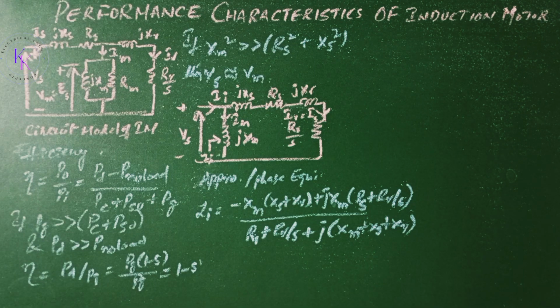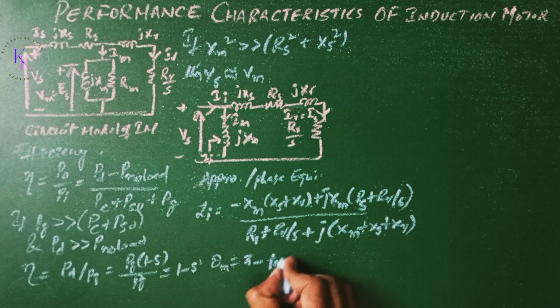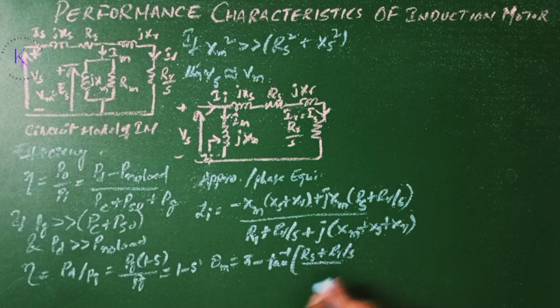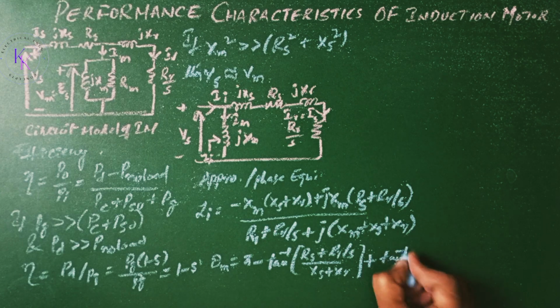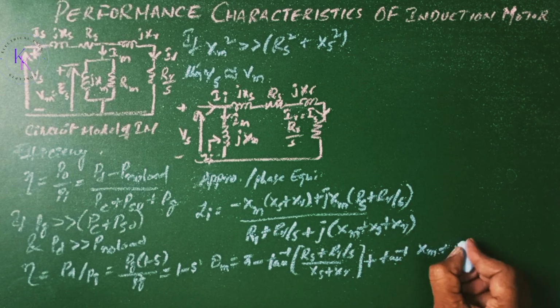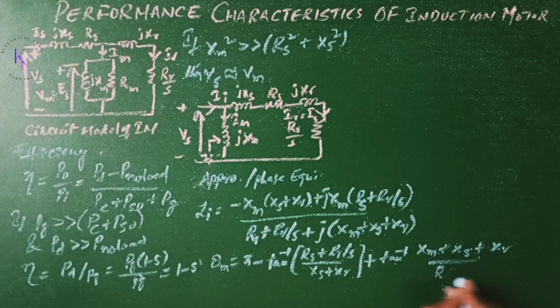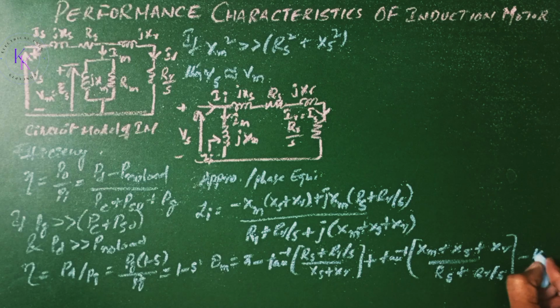The power factor angle of the motor theta m is given by pi minus tan inverse of Rs plus Rr by S divided by Xs plus Xr, plus tan inverse of Xm plus Xs plus Xr divided by Rs plus Rr by S. That is equation number 16.